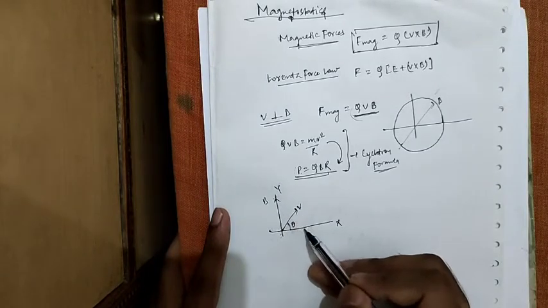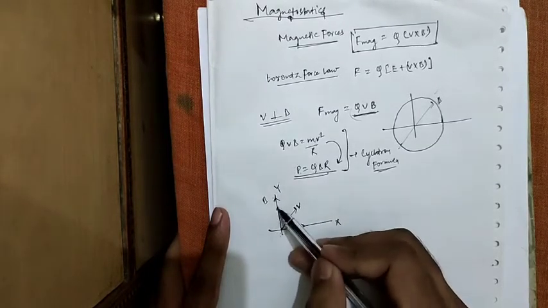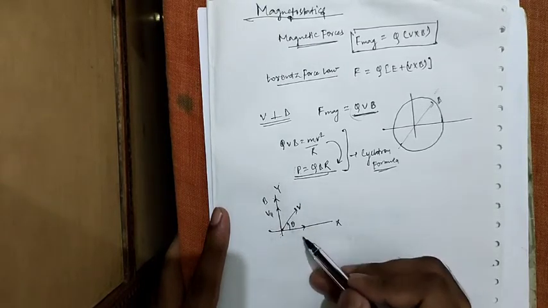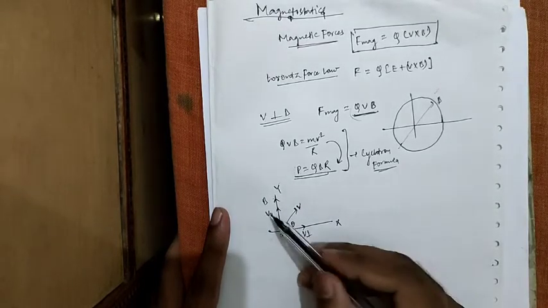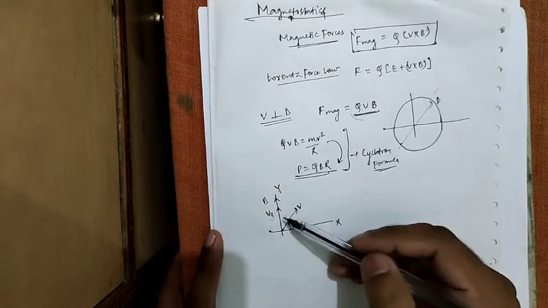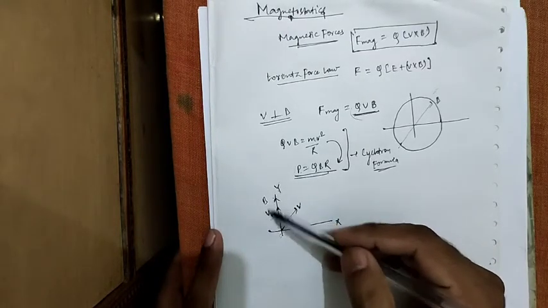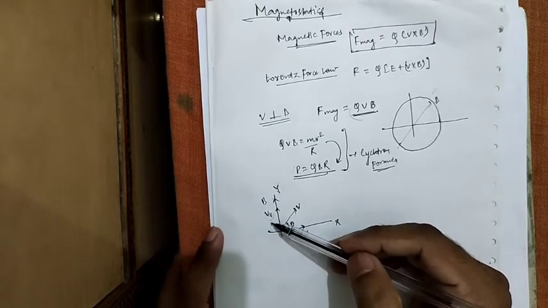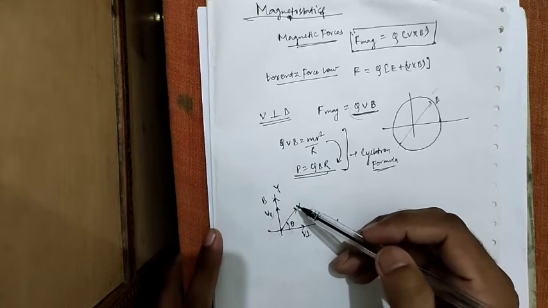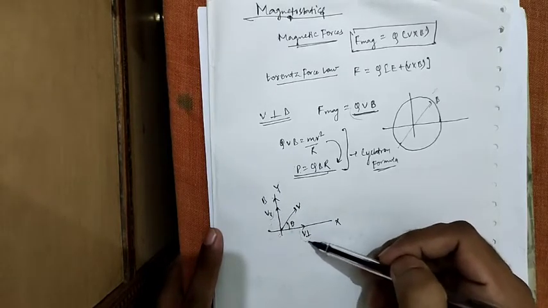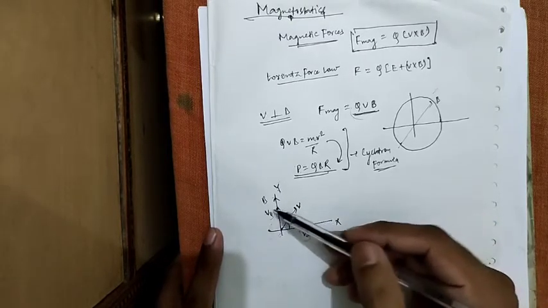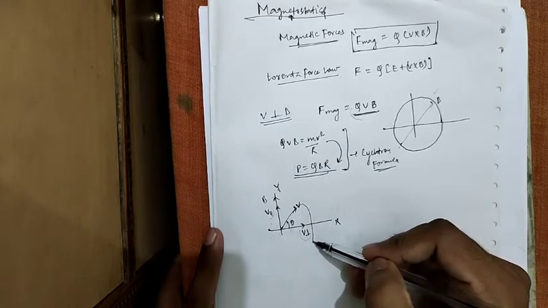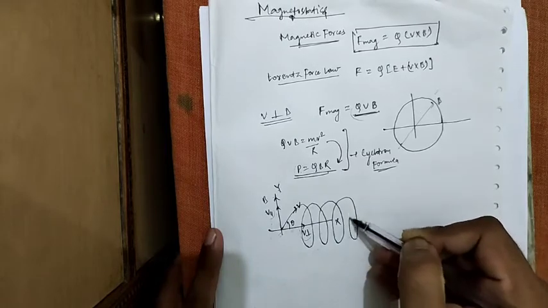On resolving these components, v parallel is parallel to the magnetic field, and v perpendicular is perpendicular to the magnetic field. The parallel component will remain unaffected by the magnetic field, as v cross B is 0, and only v perpendicular to the magnetic field comes into action. So this electron will form a helix motion like this.